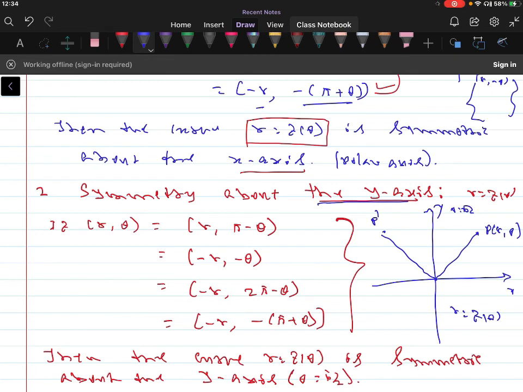Then P dash has a point maybe (r, pi minus theta), or (minus r, minus theta), or (minus r, 2 pi minus theta), otherwise (minus r, minus of pi plus theta). If any one of the conditions is true, then we can conclude that the curve r is equal to f of theta is symmetric about the y-axis.